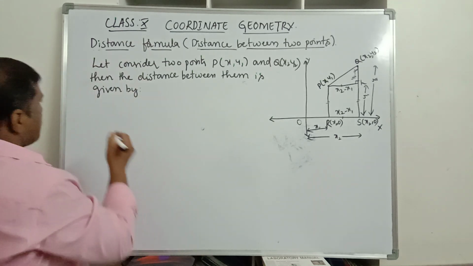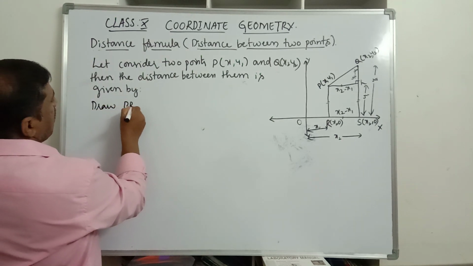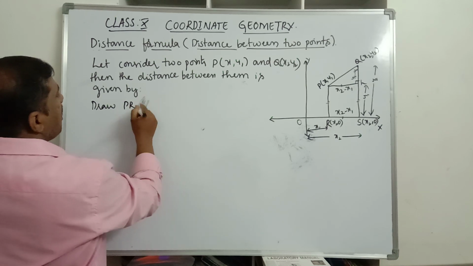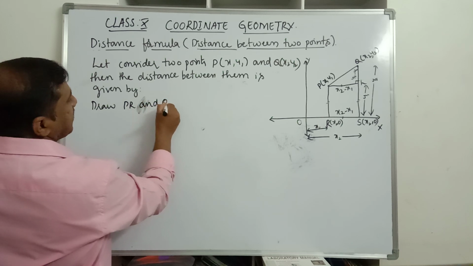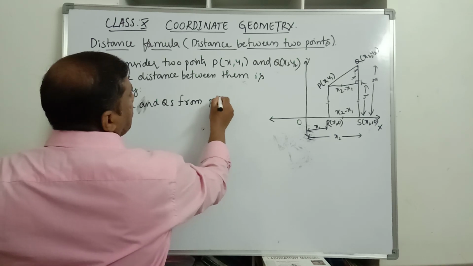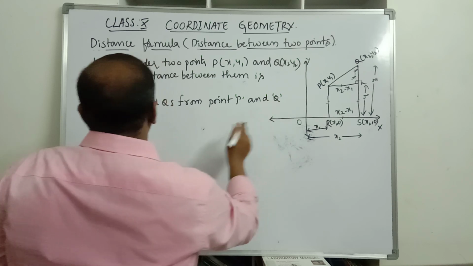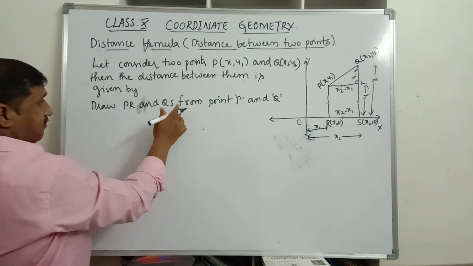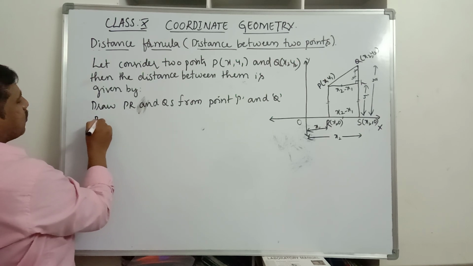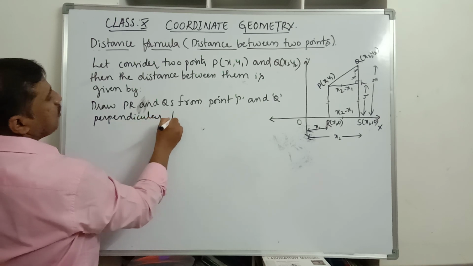So here, what is the construction? Draw PR and QS from points P and Q, perpendicular to the x-axis.